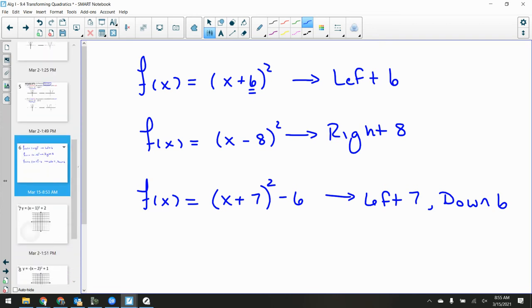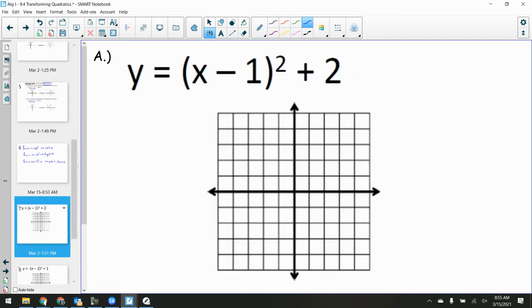Okay. Let's take a look at some examples. Now, how do we graph it then? Well, I'm really just looking for a sketch of where the graph should go. For example, what are the transformations here? I see two things that are happening here. I see x minus 1 squared plus 2.